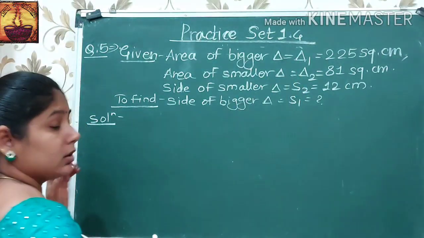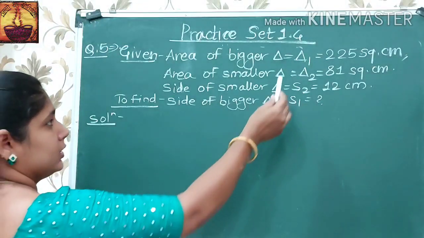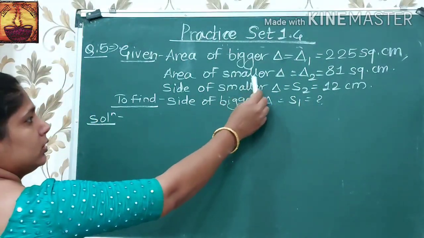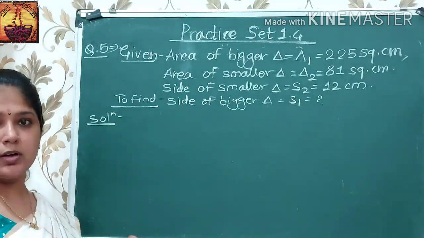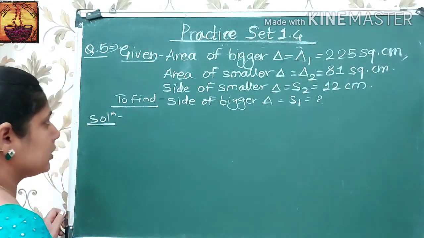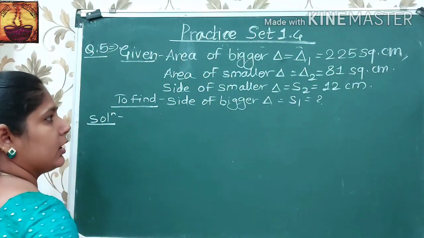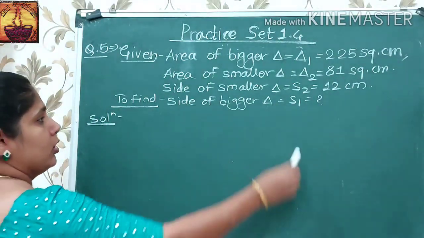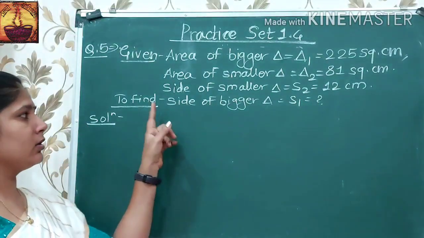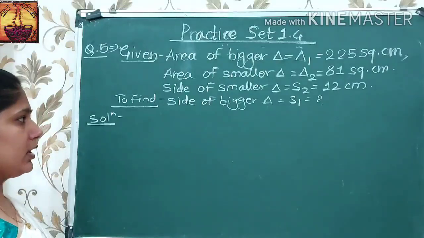Consider it as triangle 1 and its area is 225 square centimeter. Area of the smaller triangle, consider the smaller triangle as triangle 2 and its area is 81 square centimeter. Side of the smaller triangle, consider it as S2. It is 12 centimeter and we have to find the side of the bigger triangle, S1.